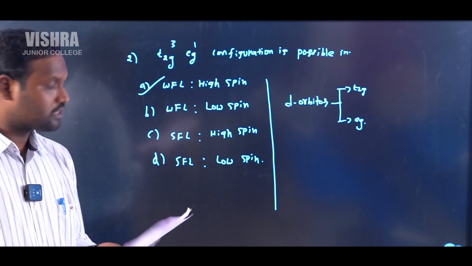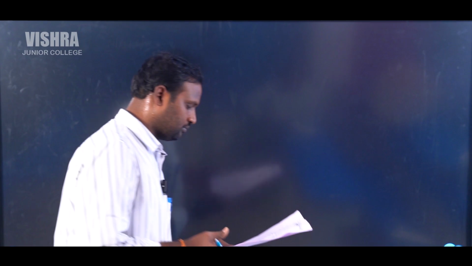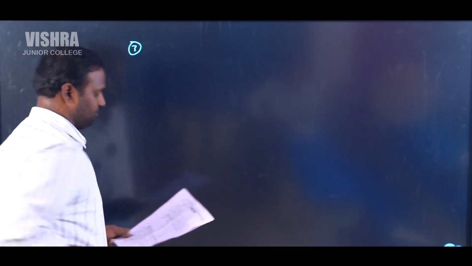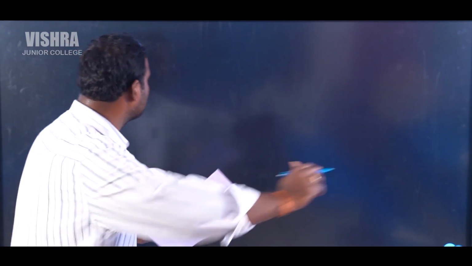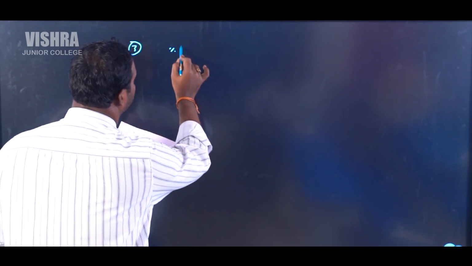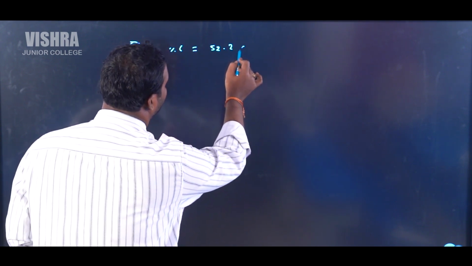Next question, the third question. Question number 3. In this case, they have given the percentage of carbon, hydrogen and oxygen in an organic compound. The percentage of carbon in the given compound is 52.2%.